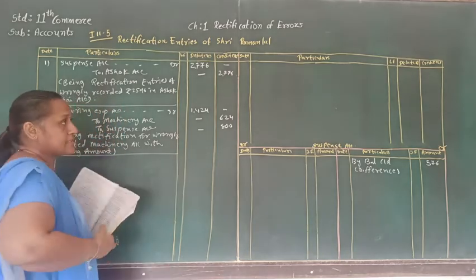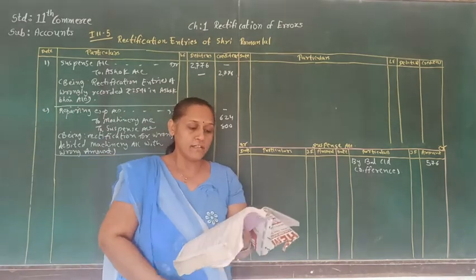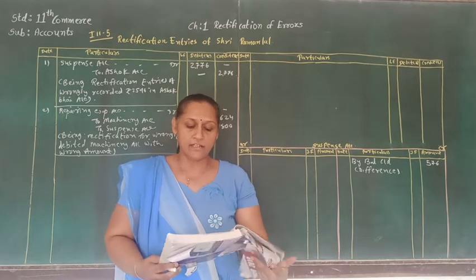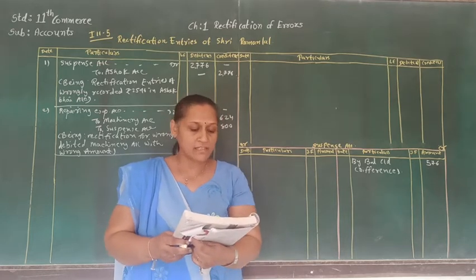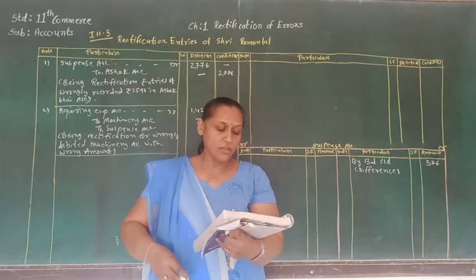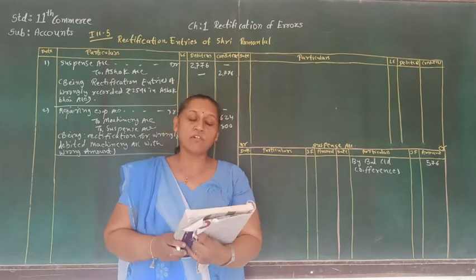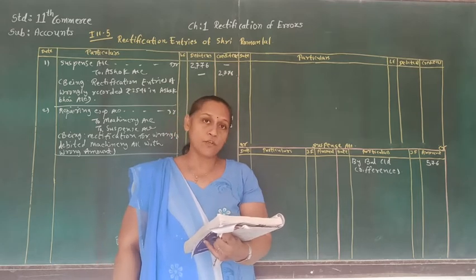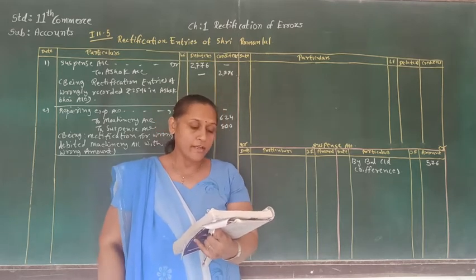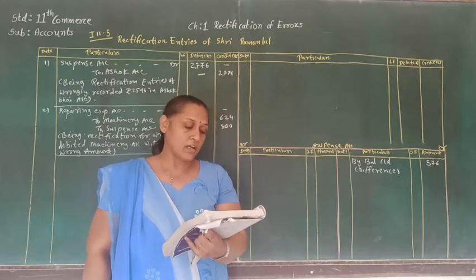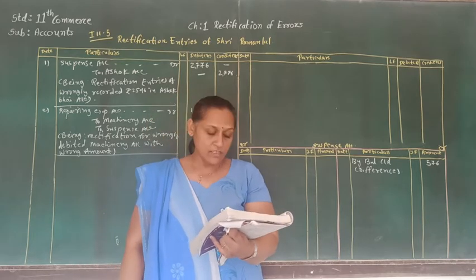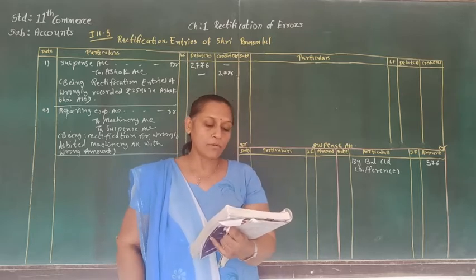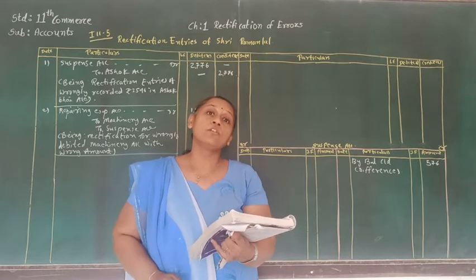Now let's see the third transaction. Discount of 200 given to Piyush is credited to his account as well as discount received account. So here, discount is given to Piyush, which is supposed to be debited to Piyush account, but it is also credited to discount received account. So discount is supposed to be debited to Piyush account.